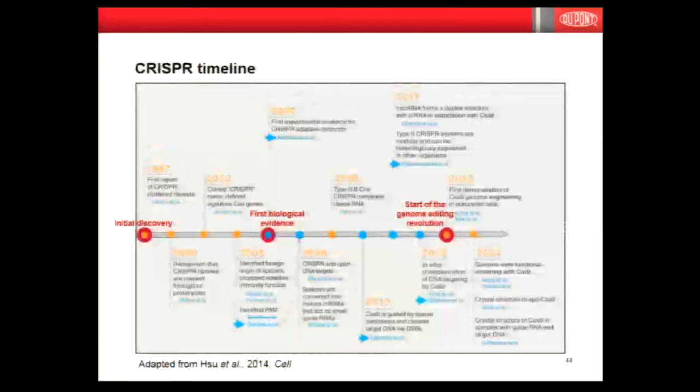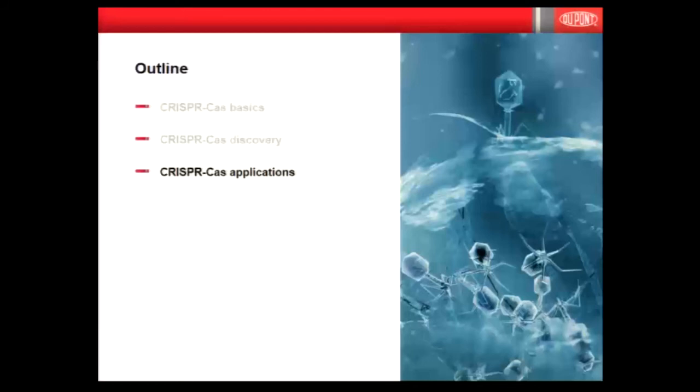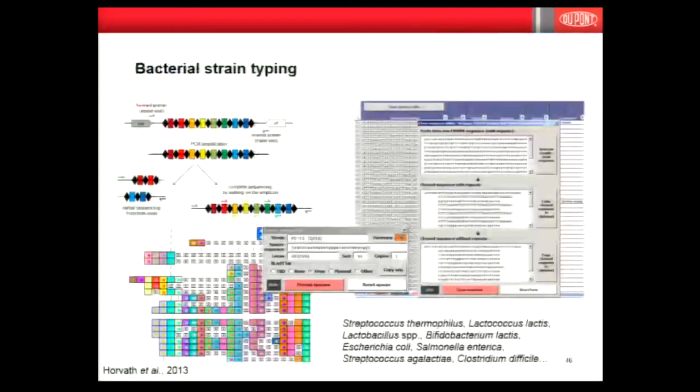So this opened the door to genome editing in various organisms, and I will now present some applications of those systems. I already mentioned the usefulness of CRISPR for bacterial strain typing. I will not go further into details, but it has been used successfully not only for food bacteria but also for bacteria of medical interest.